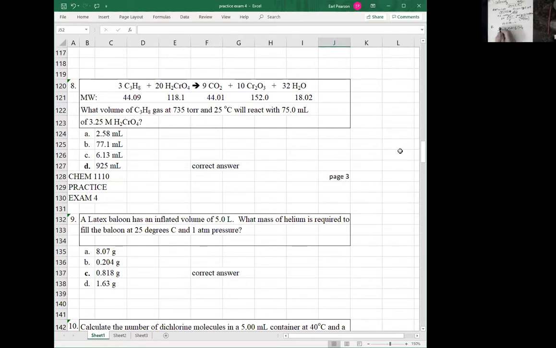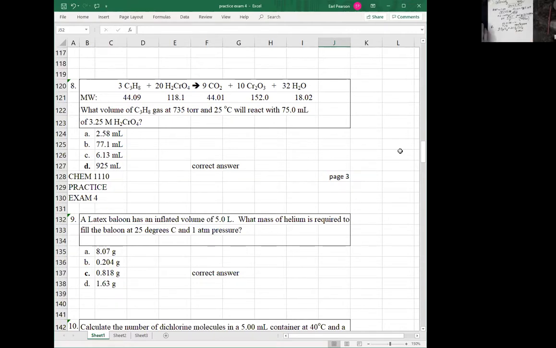And we want to know how many liters at some T and P we would get if I'm reacting 75 milliliters, or 75 times 10 to the minus 3 liters. Molarity of the solution is 3.25. Equation is showing 20 moles.